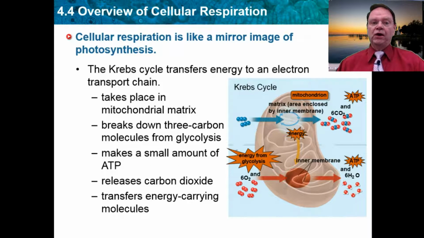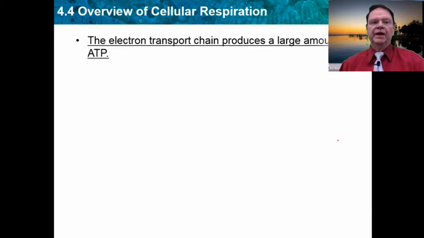However, there are other energy-carrying molecules that are going to be produced during the Krebs cycle that will later be used in the third stage, known as the electron transport chain. So carbon dioxide is produced, a little bit of ATP, as pyruvic acids are broken down into carbon dioxide. And then the final and third stage is where all these other energy-bearing molecules are converted to ATP.